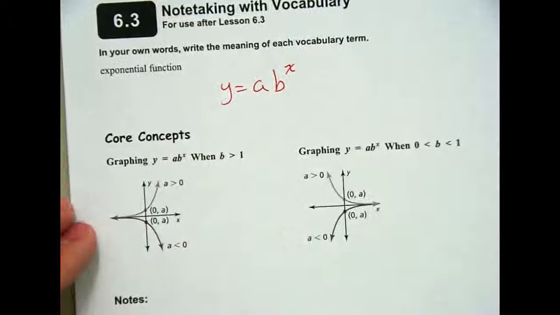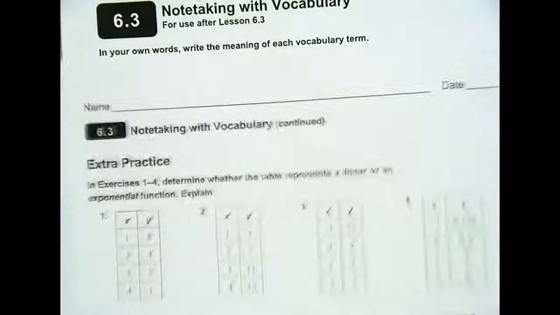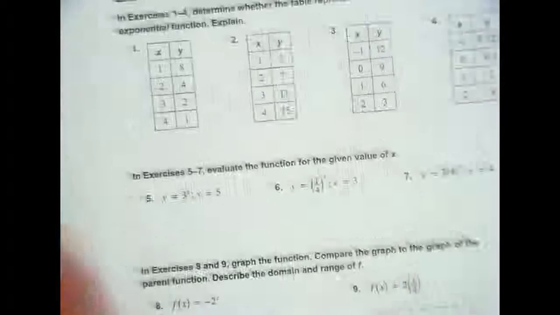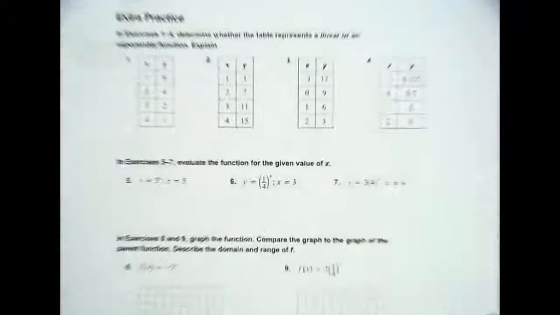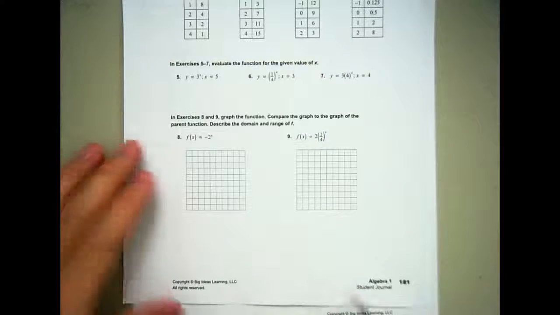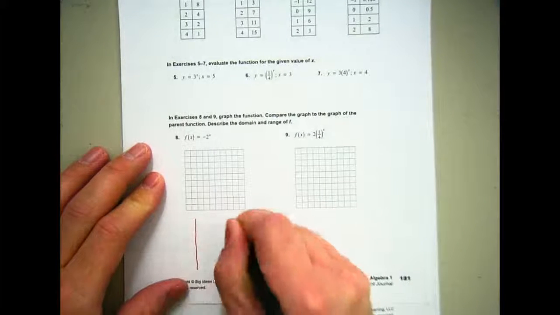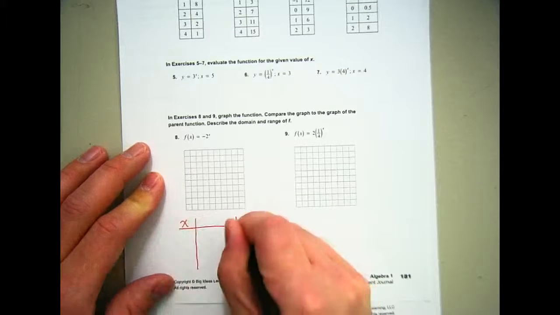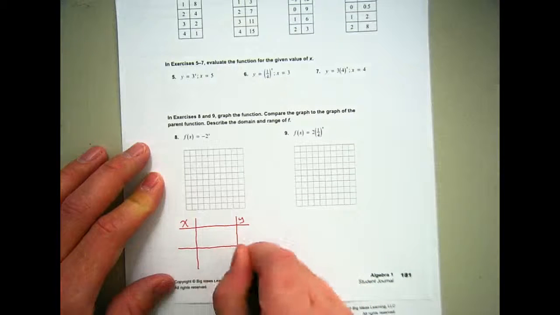All right. Your assignment is page 181. All right. On numbers 8 and 9 on page 181, you can draw tables right below it. Okay. I would suggest making a table that looks something like this, just so you have what you need, and putting your y-intercept in the middle.